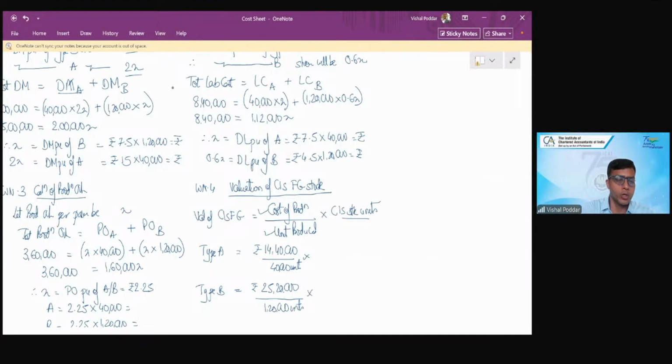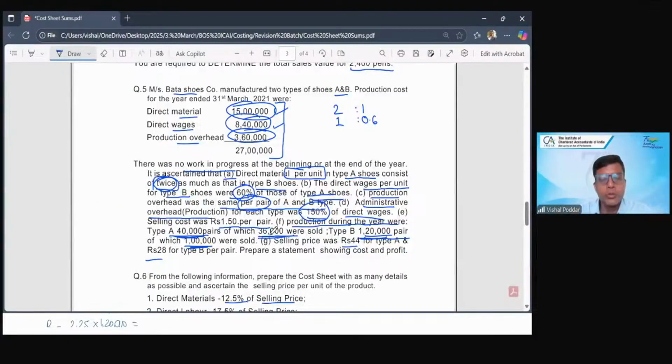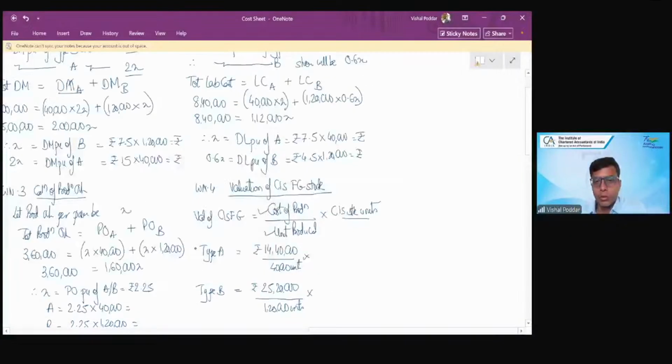Right? Now, how much is in stock? So out of 40, 36,000 is sold and there is no opening. It means 4,000 will be your closing. And out of 120, 1 lakh is sold. Again, no opening. So 20,000 is in stock. So 4,000 and 20,000 is your stock position.